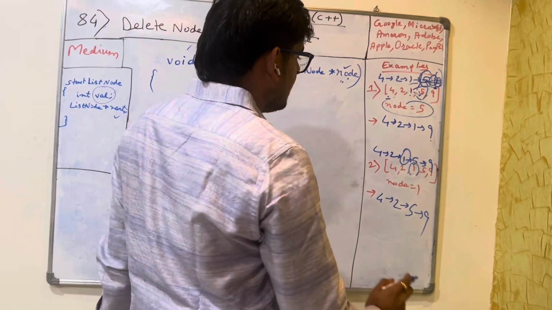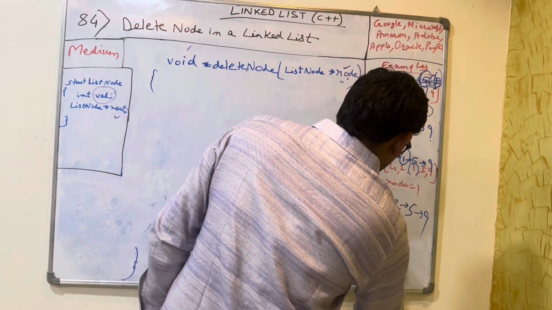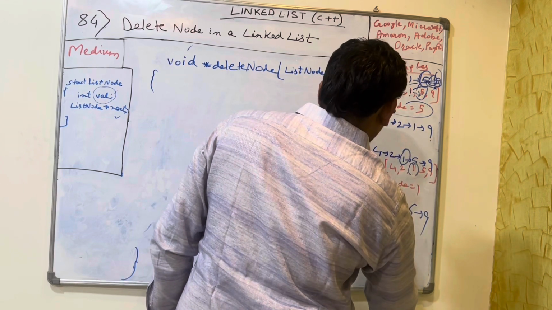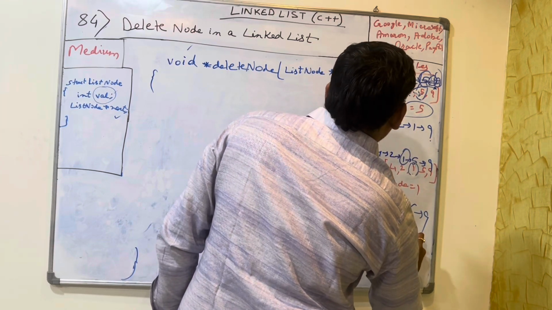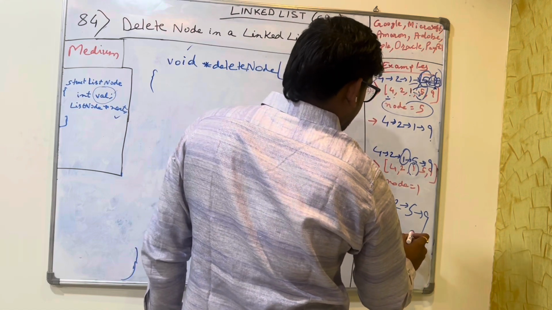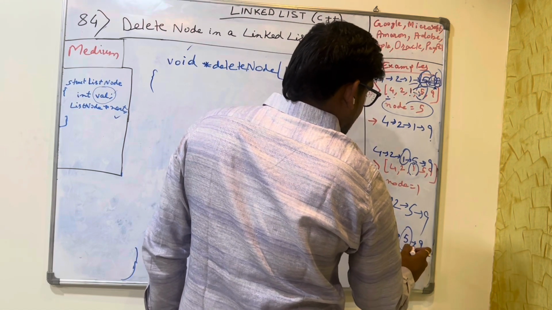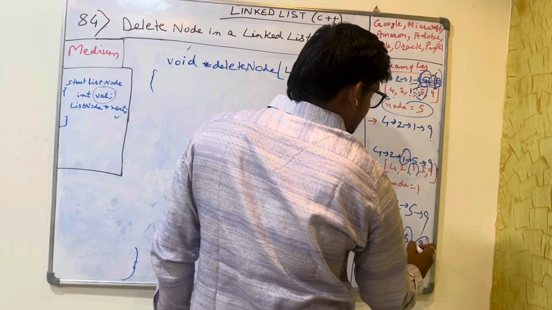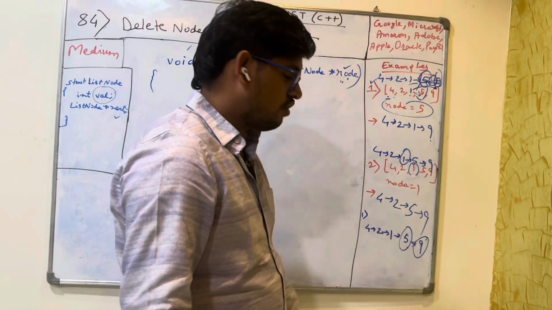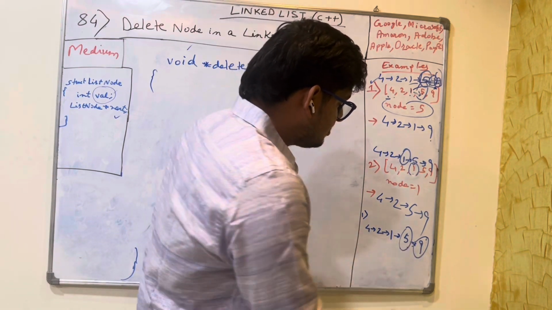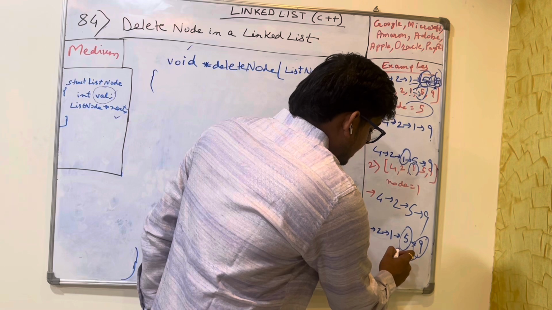So if we are talking about example 1 here, 4, 2, 1, 5 and 9, and we are here at node 5, we can't delete this 5, but we can delete this 9 here. So if we can delete this 9, why not interchange its value here?